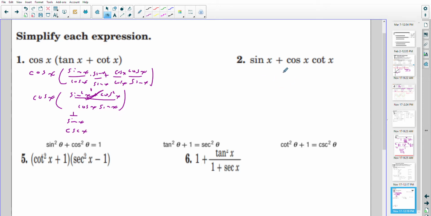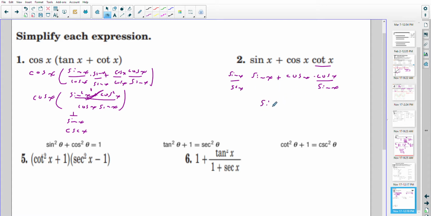Let's go to this problem. Again, friendlies and unfriendlies. So sine x plus cosine x times cosine x over sine x. Notice again, by putting 1 over tangent, it's not going to help you in simplifying. So I want to multiply top and bottom by sine x here and rewrite the whole thing.